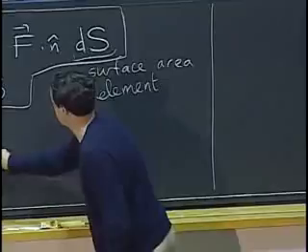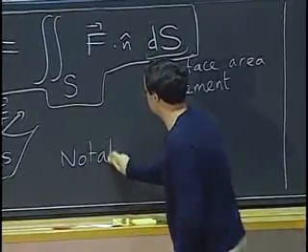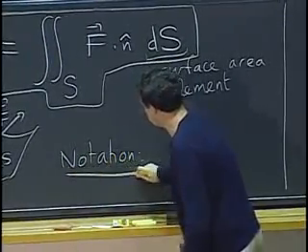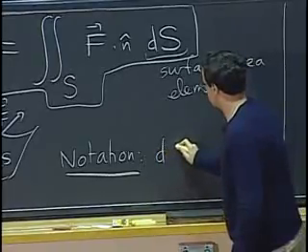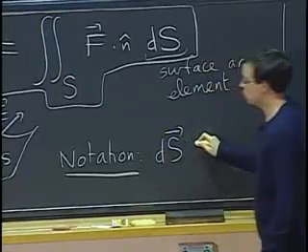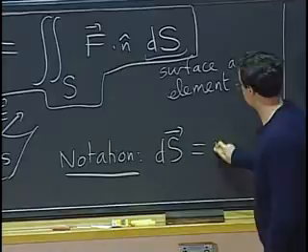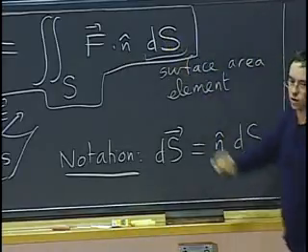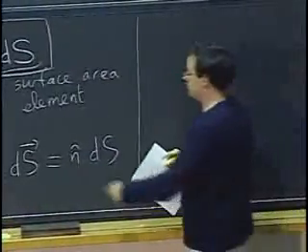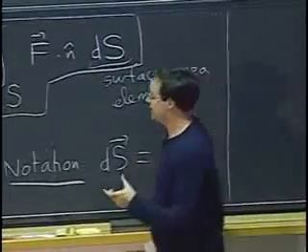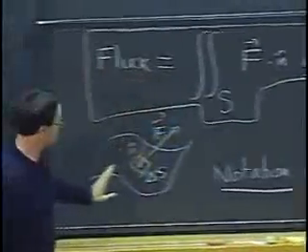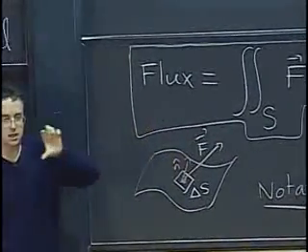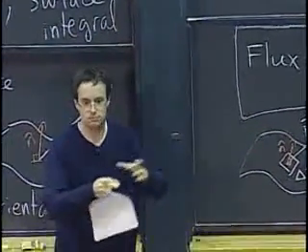By the way, a piece of notation before I move on. Sometimes you'll also see the notation vector dS. What is vector dS? Vector dS is this n dS put together. So vector dS is a vector which points perpendicular to the surface and whose length corresponds to the surface element.